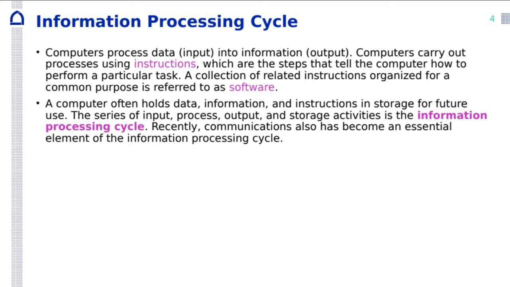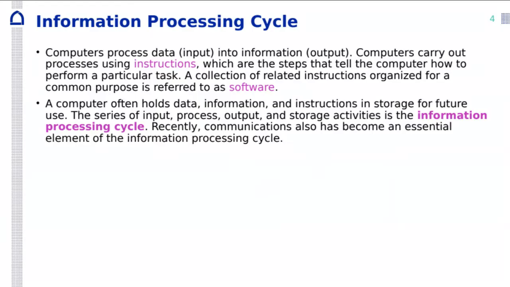Instructions are nothing but the steps that you tell the computer in order to be able to perform a task. A collection of related instructions organized for a common purpose is referred to as software. So if I have a collection of instructions to do a specific purpose or task, we call this software. All right?